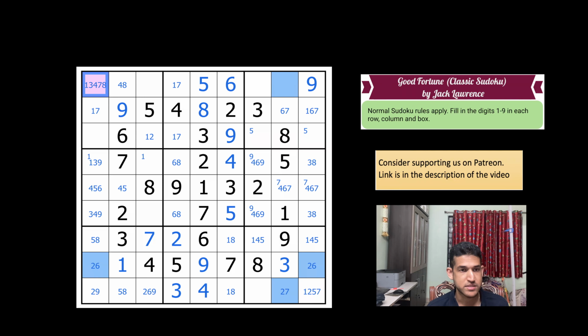Okay, I'm looking at this cell: 2, 7, 8, 4, 5 and 1, 3, 6 and 9. What am I missing here?